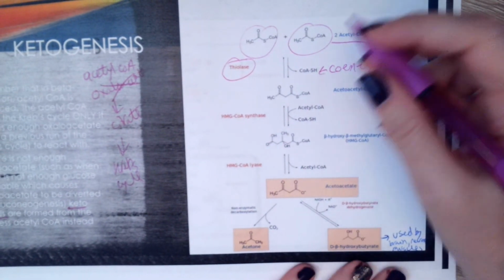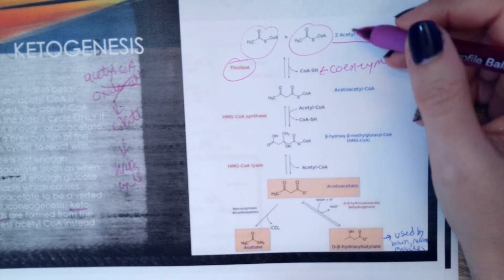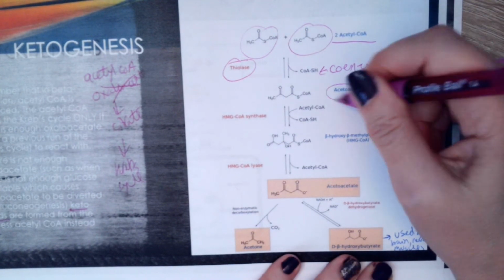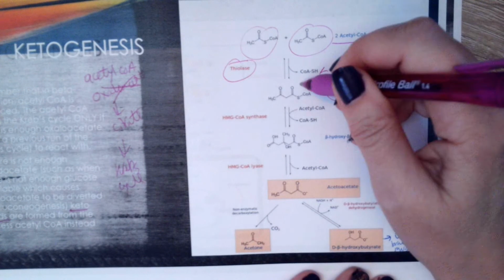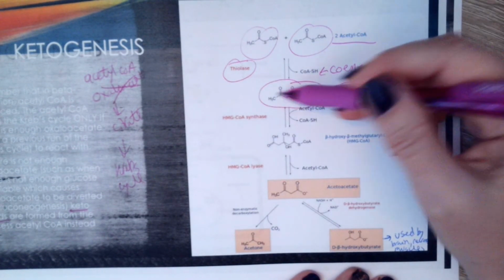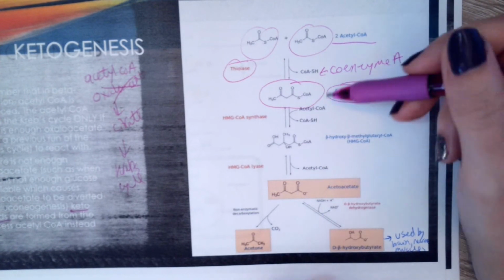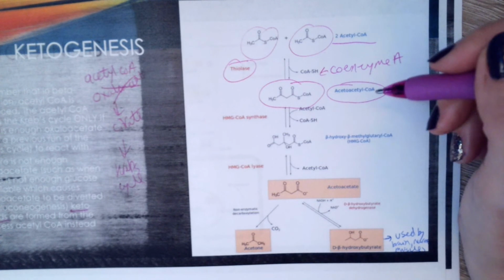We've seen that enzyme before. Thiolase is going to help to condense these two acetyl-CoAs together into acetoacetyl-CoA. So there it is. It's almost like we just smushed these two acetyl-CoAs together. Actually, we did, we just pushed these two acetyl-CoAs together and bound them together.